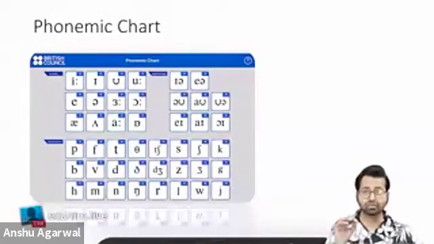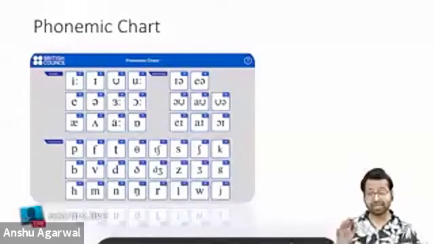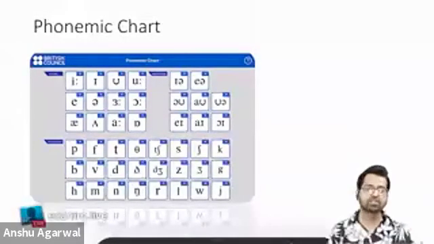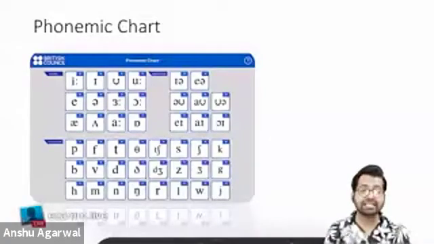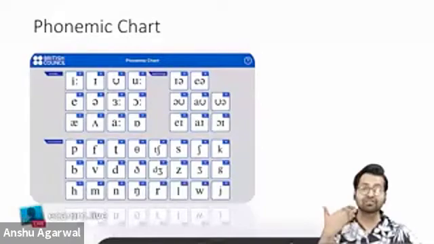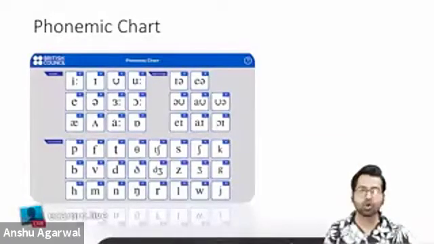Do it like this. A, E, I, O, U. Do it slowly. It is stupid, I know, but just do it. As you do it, pay attention to what is happening here. A, E, I, O, U.